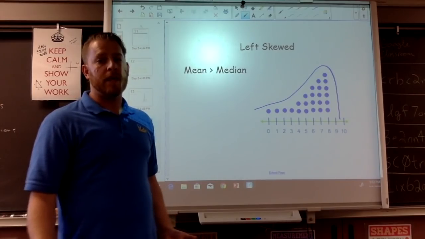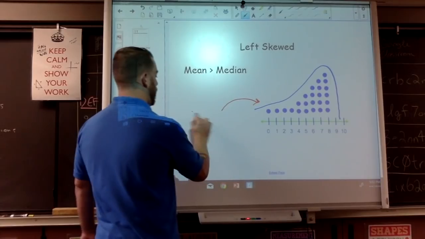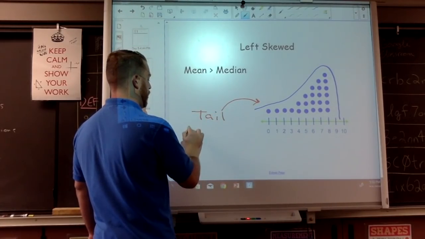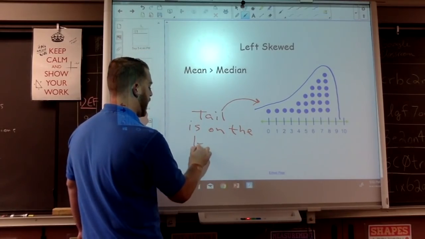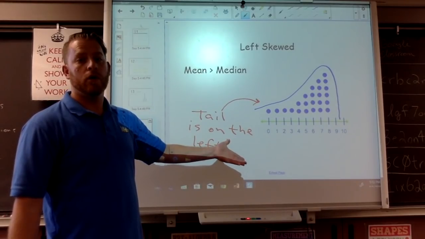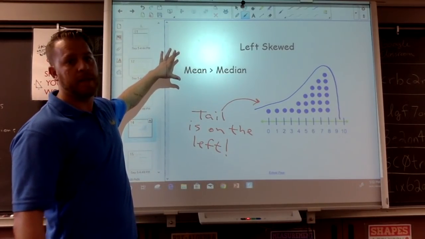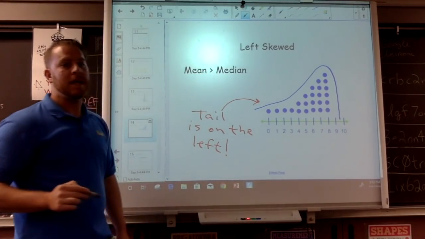We can tell something is left skewed by looking here. This guy here is called the tail, and when the tail is on the left, we know that it's left skewed. We can also tell that something is left skewed when the mean is greater than the median.